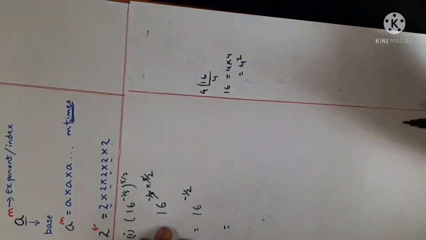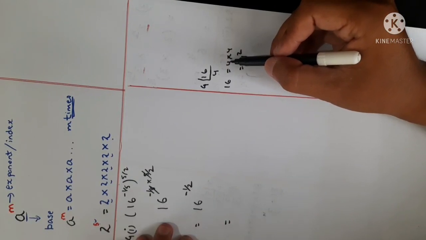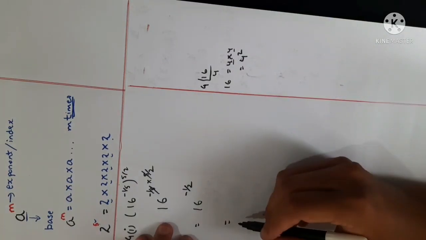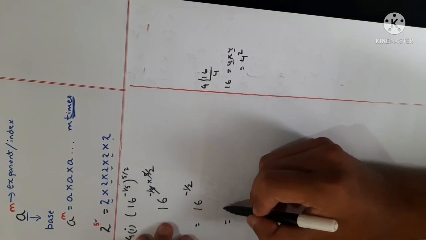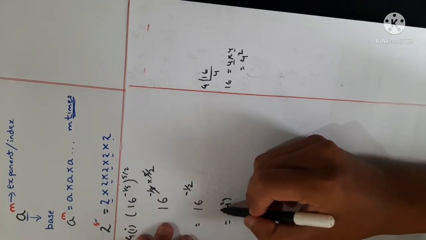We have to multiply the same number 4 2 times. So we write 16 as 4 to the power square.